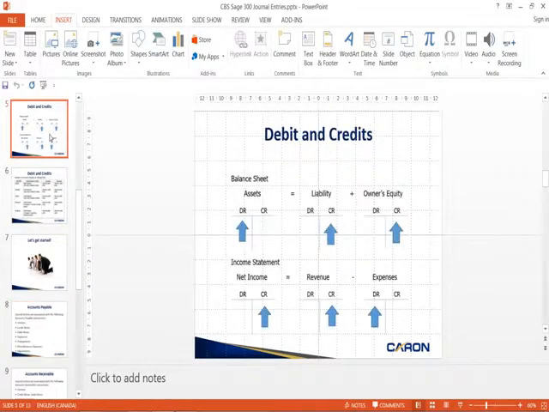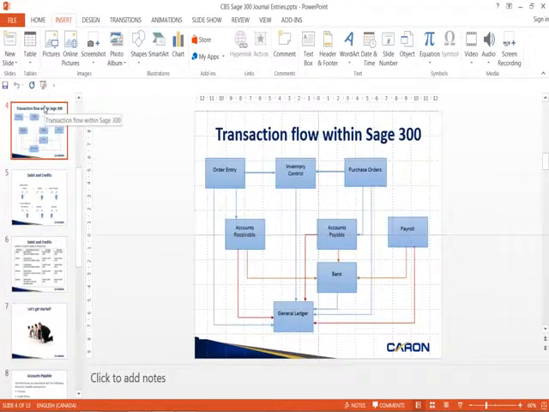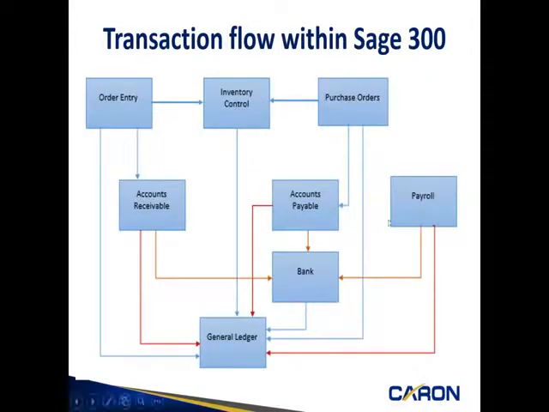If I make this the full screen so you can see it, you can see the purchase order would send information to accounts payable. The receipt information went directly to the GL, and from the payables, when you post it, it will go into the general ledger.